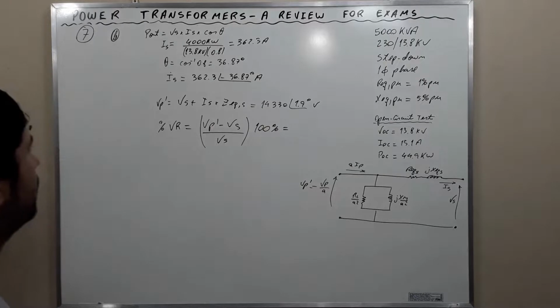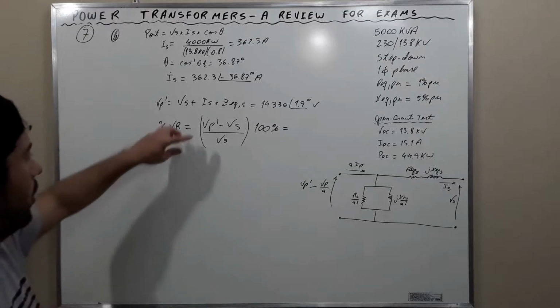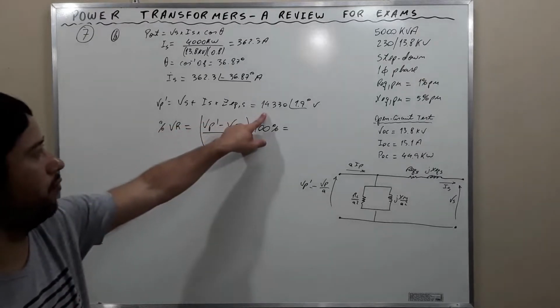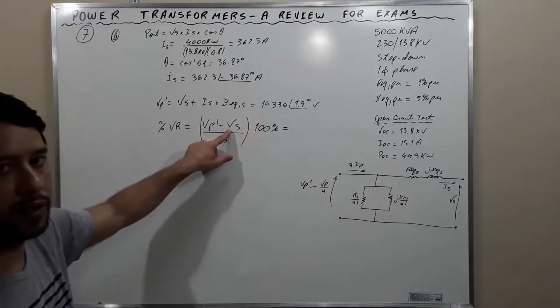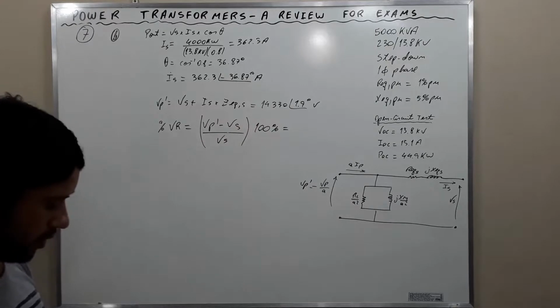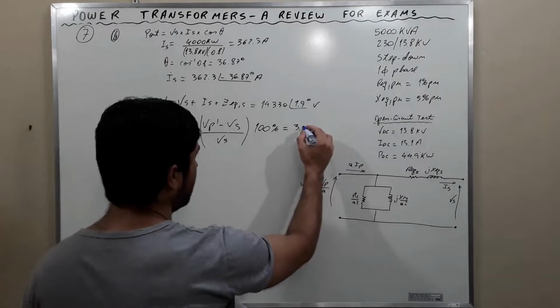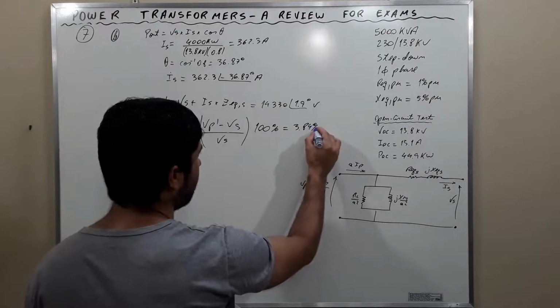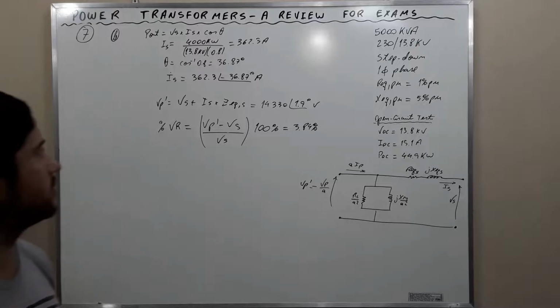And this is equal to 14,330 minus 13.8 kV divided by 13.8 kV, and this gives a percentage regulation of 3.84%. Okay, my friends, this is exercise 7.